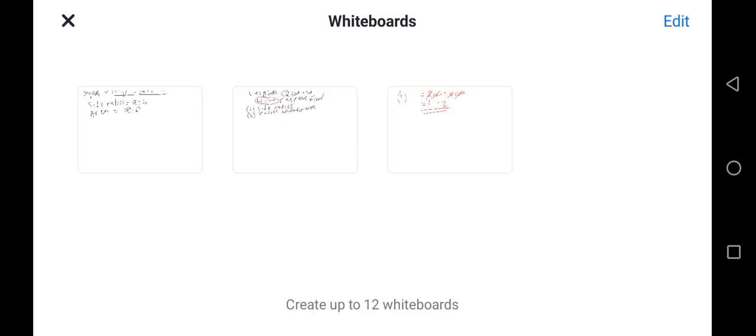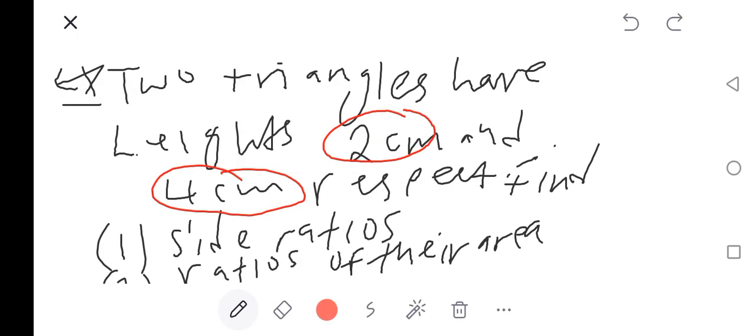All right. This is the question. Two triangles have heights 2 centimeters and 4 centimeters respectively. Find the side ratios and the ratios of their area. So before we look at past papers, I want you to have an idea of what similarity is.